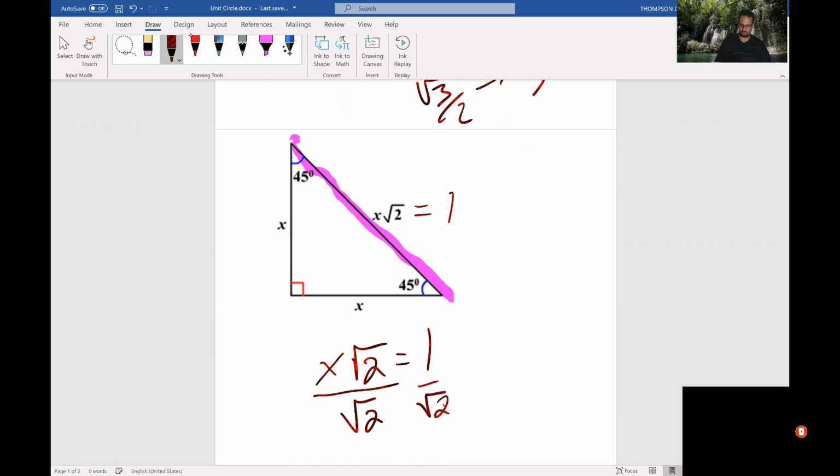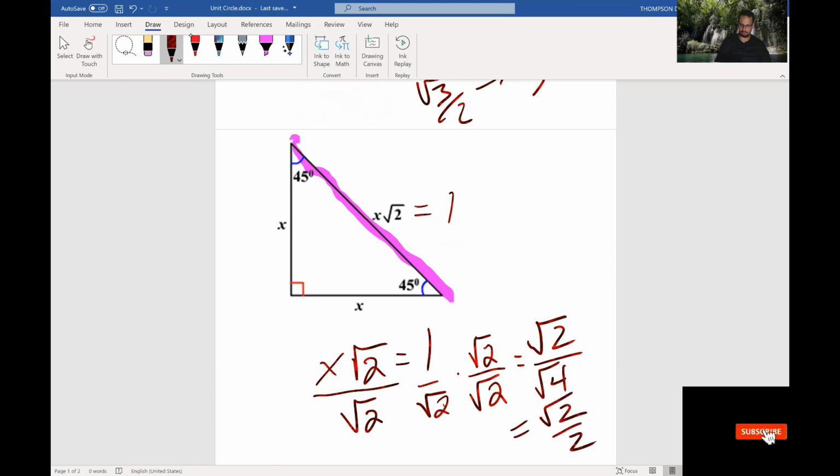Now the problem is we can't have a square root in the denominator, so we have to rationalize it. We multiply the top and bottom by √2, which gives me 1 times √2, which is √2, and √2 times √2 is √4, which breaks down to 2. So x is √2 over 2.